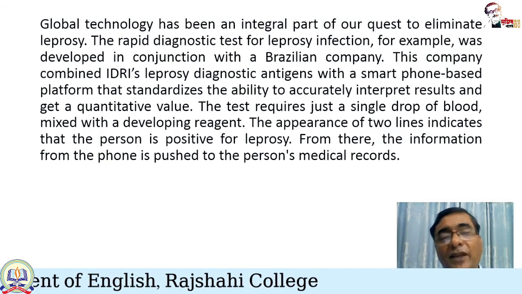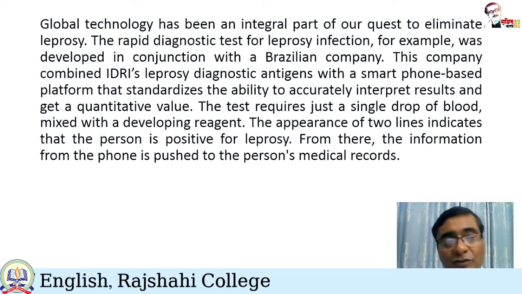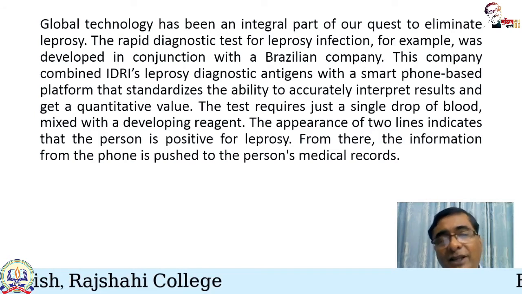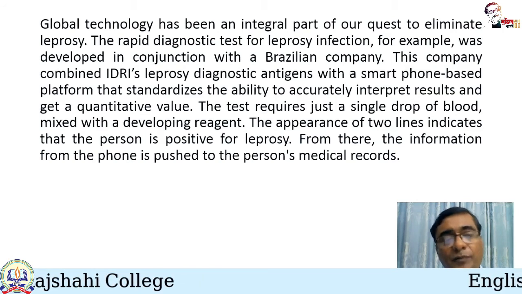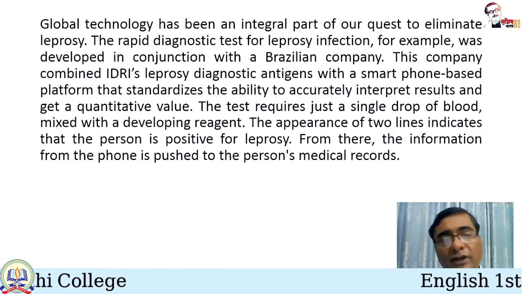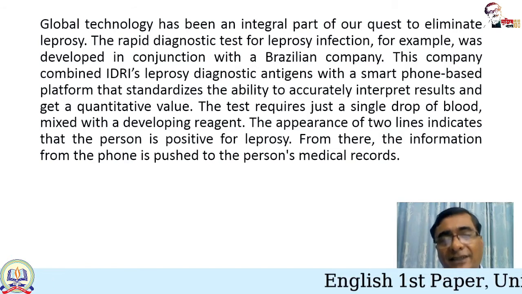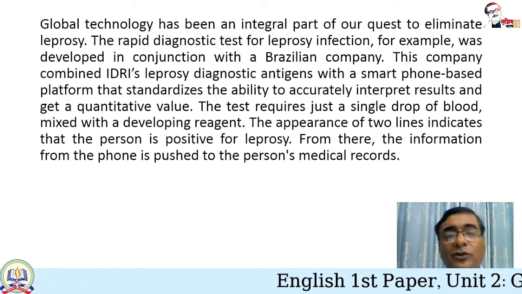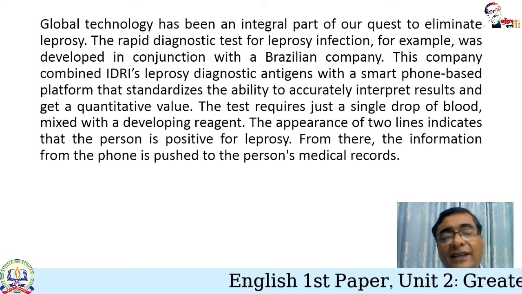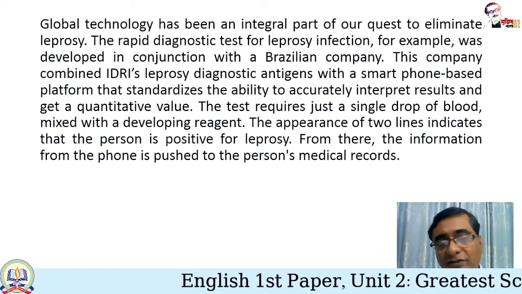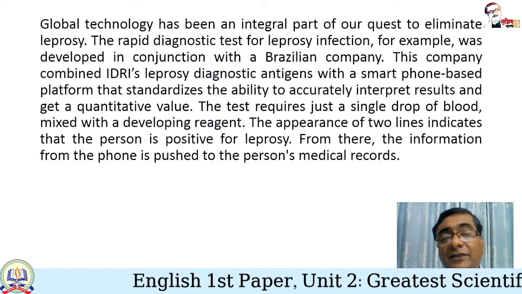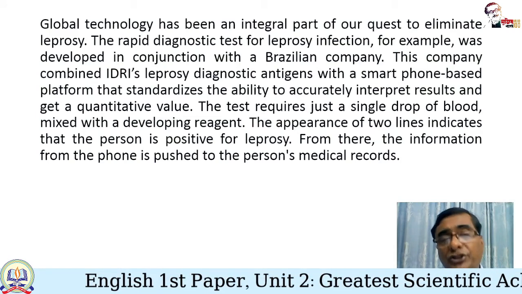Qualitative value is one kind of value, quantitative value is a different kind of value. In the field of scientific research, quantitative value is highly important. Why is it important? Because they are going to standardize the test, and then knowing the quantitative value is very important, because it's a matter of life.